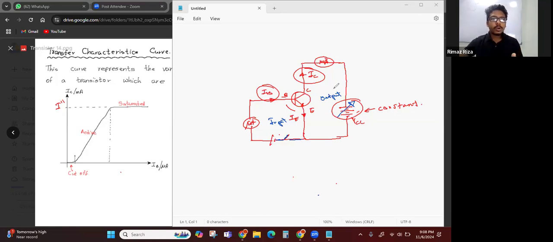Now in the next one, the output characteristic, what we are going to study is how IC changes while changing VCC. That one we will see. So you have to put a note here. Let's write down the note.